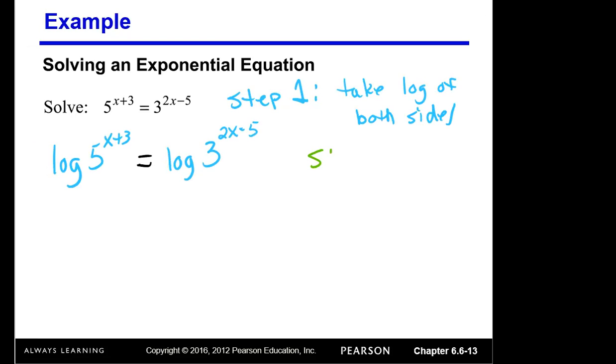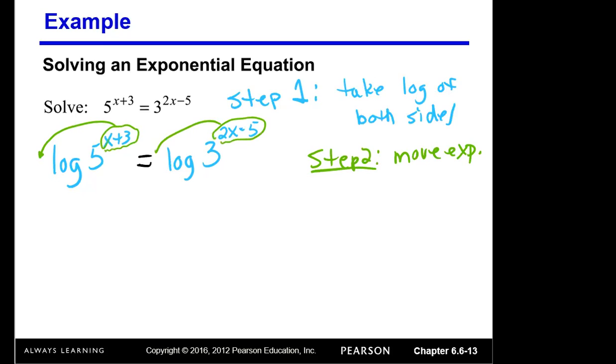Step 2. I'm going to move those exponents. This x plus 3 is going to go out in front, and this 2x minus 5 is going to go out in front. We're going to use that log rule. Since I'm moving it as a binomial, the entire binomial has to go in front of the log of 5.